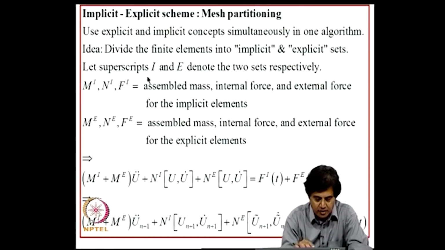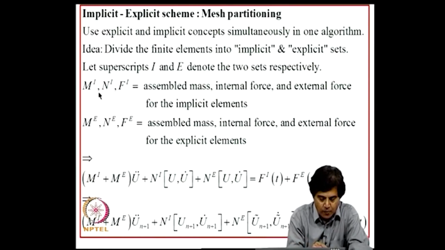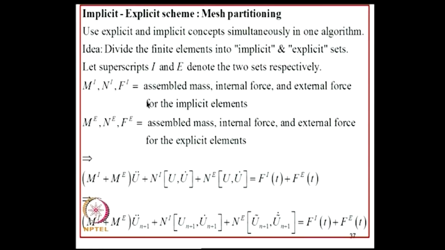Now, let us say the superscripts I and E denote the two sets respectively, that is implicit and explicit. Associated with this partitioning I will have Mi, Ni, Fi as assembled mass, internal force and external force for the implicit elements, and similarly Me, Ne, Fe as assembled mass, internal force and external force for the explicit elements.